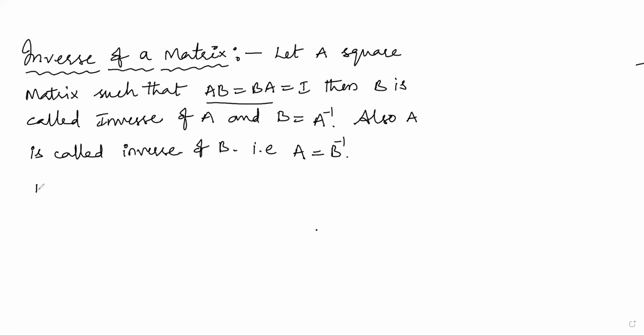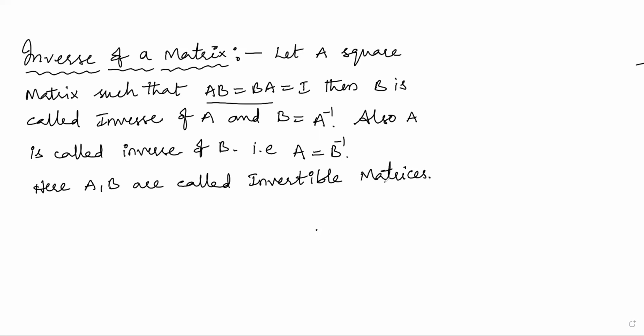And here A and B are called invertible matrices. The matrix is called invertible if the inverse exists.